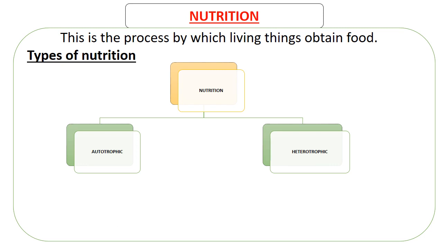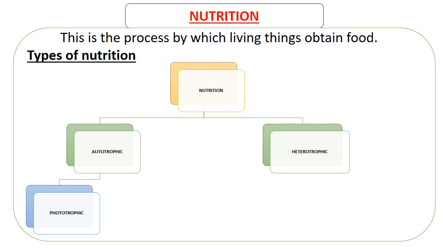When you go back to autotrophic, there are 2 types of autotrophic nutrition. The first is called phototrophic. Photo means light. Whenever you see the word photo, you should remember light. When we say we're taking photos, what you are actually doing is capturing the light that is shed on the person you are photographing.